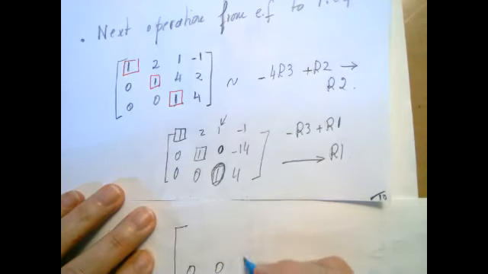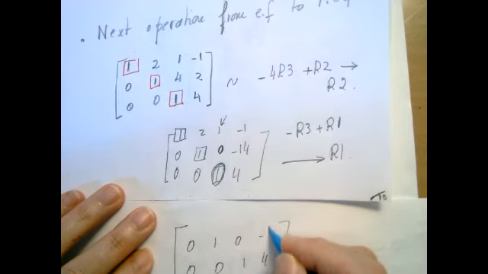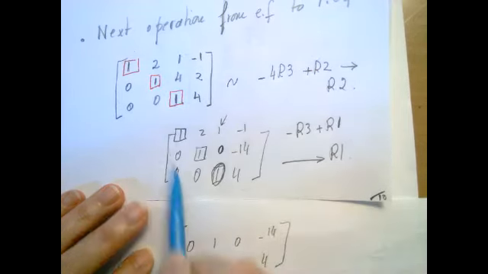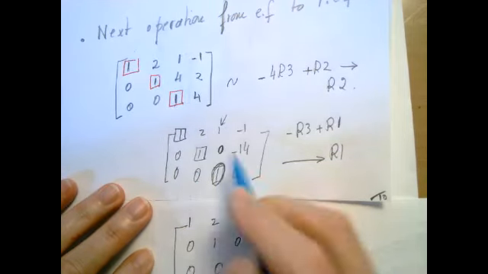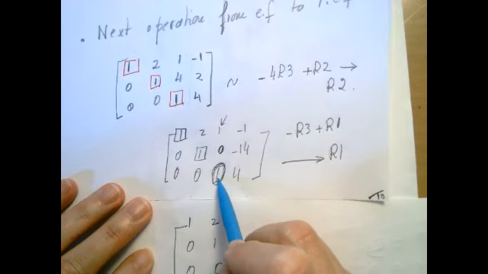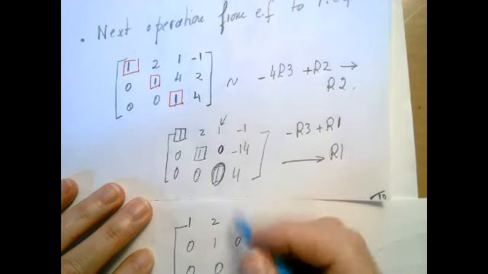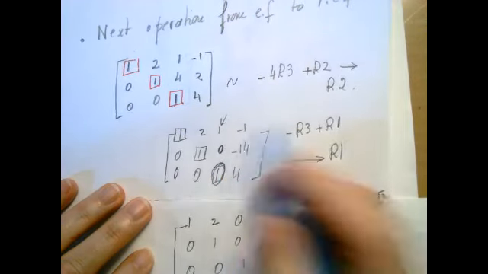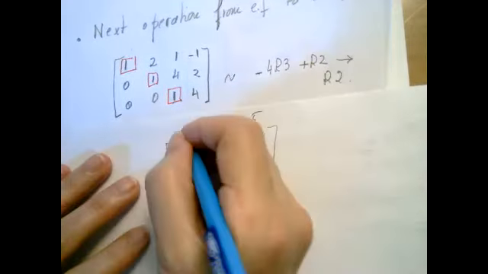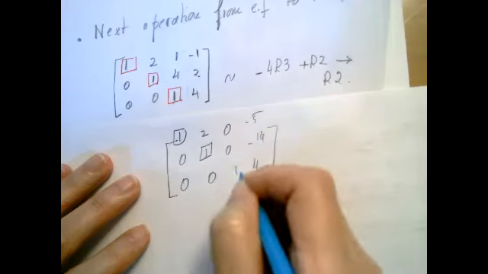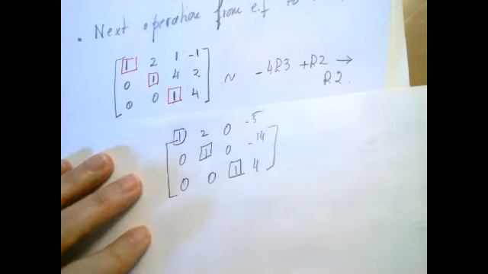So 0, 0, 1, 4, 0, 1, 0, minus 14. And then that's a 1. I'm multiplying this, it doesn't matter, we haven't changed it. I'm multiplying this minus 1 plus 1, that's a 0. And then minus 4, that would give me a minus 5. And now I guarantee my 1 here, my 1, my 1, and what's above it is 0.